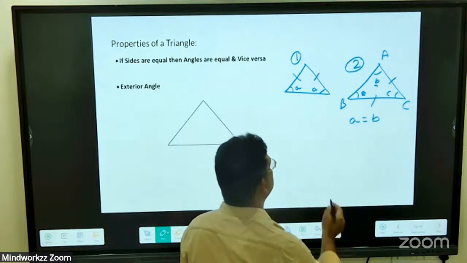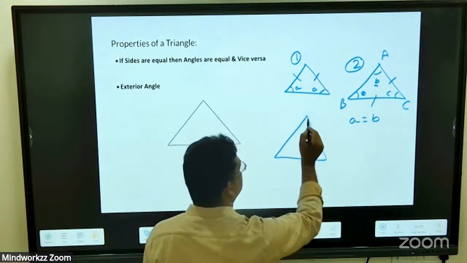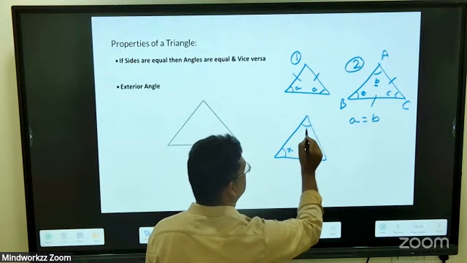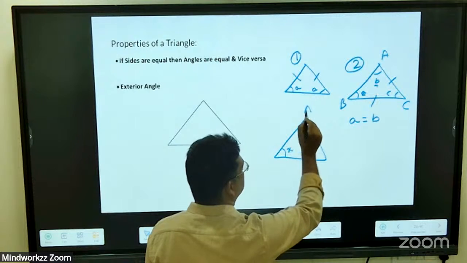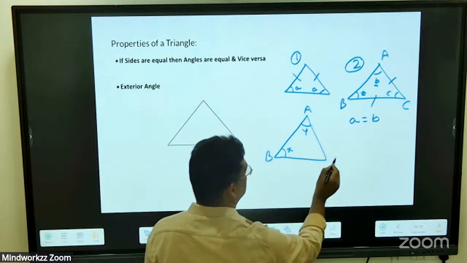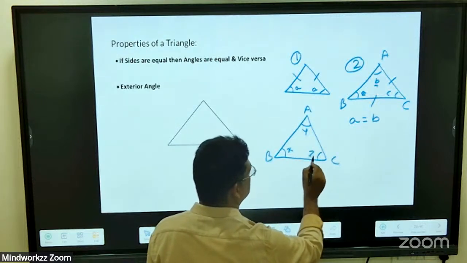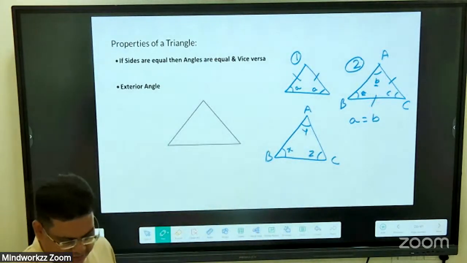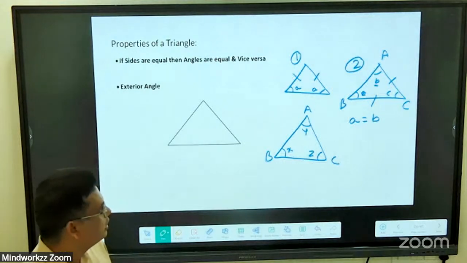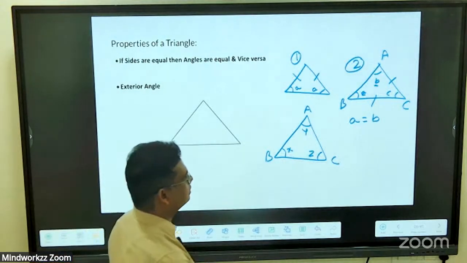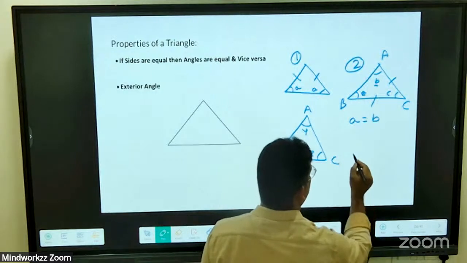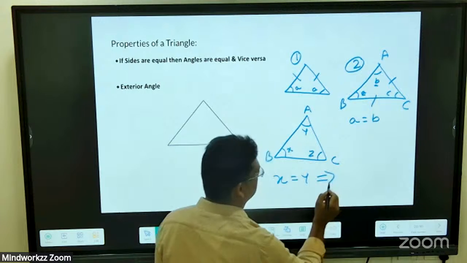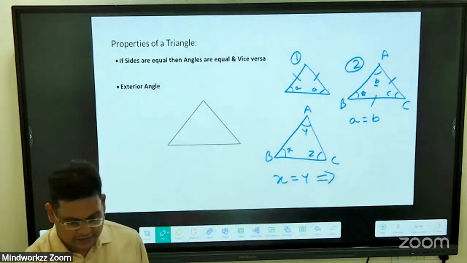And vice versa. Vice versa means if there is a triangle ABC, where one side is X, another side is Y, and the third is Z, and I tell you that X and Y are equal, which angles will be equal?